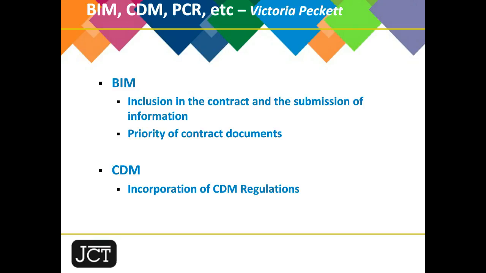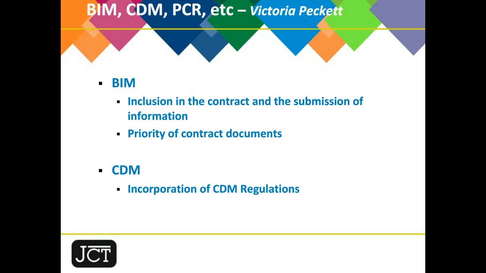The other point to draw your attention to is the change that's been made to the priorities clause within most of the JCT contracts. Those that use JCT a lot will remember that, at least in, for example, JCT Design and Build, the priorities clause is clause 1.3, and the mechanism there is that JCT takes the view that any technical document or any other contract document shouldn't override or modify what's in the Articles of Agreement and the conditions of contract.